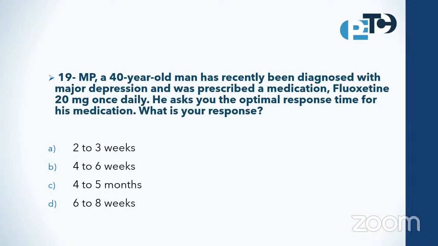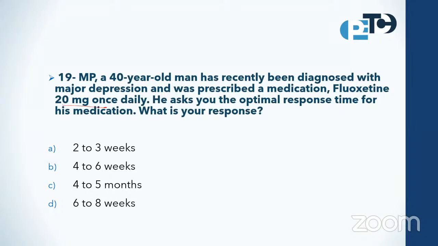A patient here, a 40 years old male, has recently been diagnosed with major depression and was prescribed fluoxetine 20 milligram once daily. He asks you about the optimal response time.